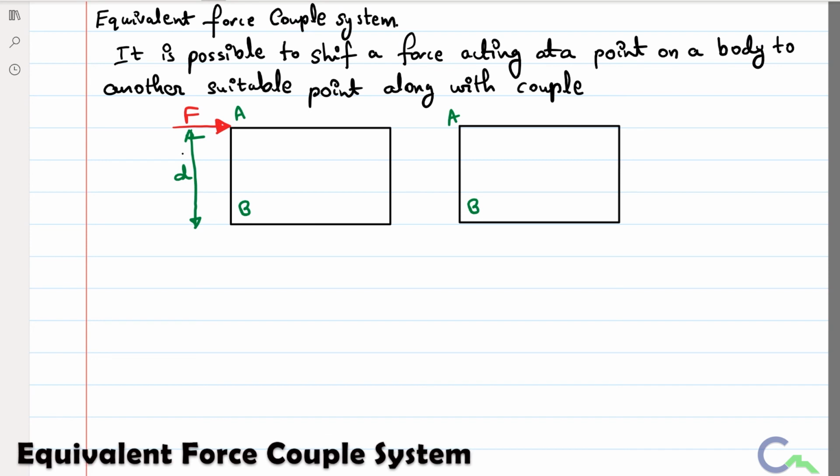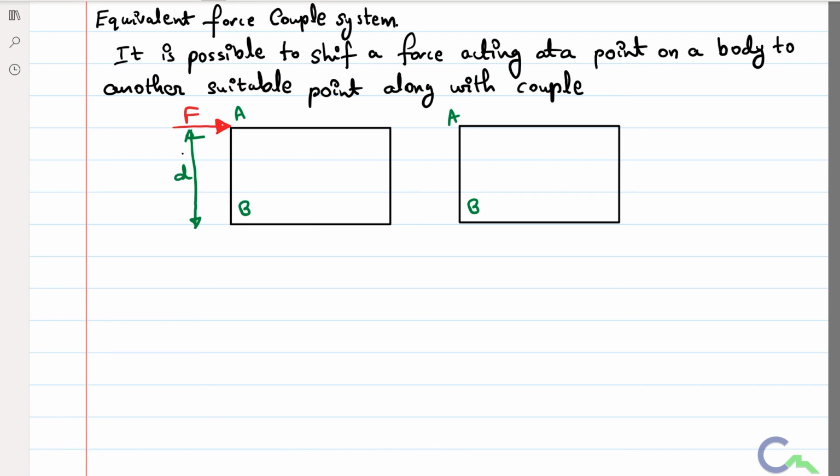The next concept is the equivalent force couple system. The statement is like this: it is possible to shift a force acting at a point on a body to another suitable point along with a couple. For example, in this case, one force is acting on this rectangular body at A. If I want to shift that force to B, I have to introduce one couple.